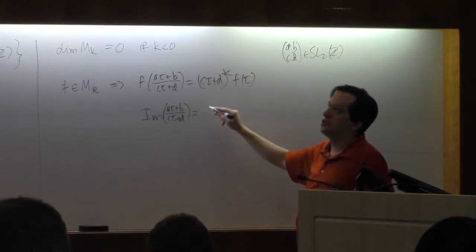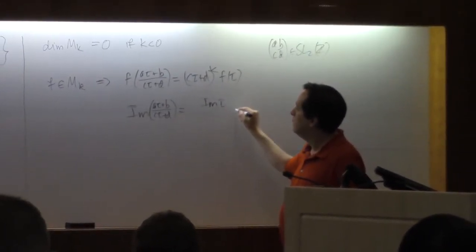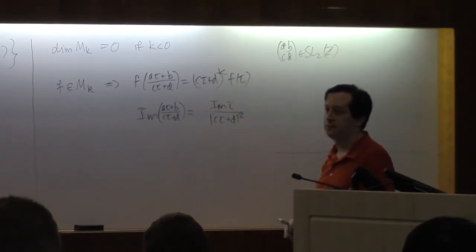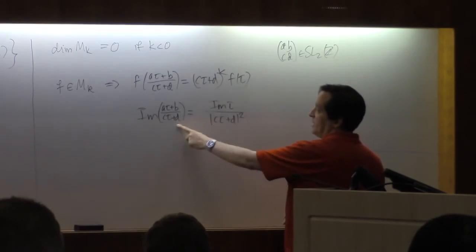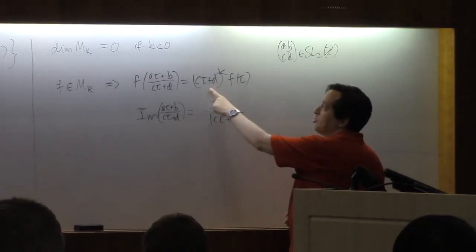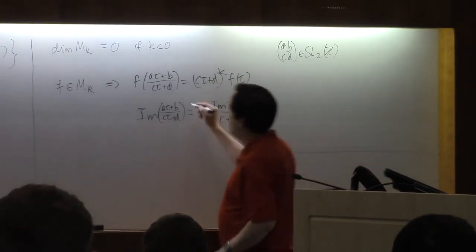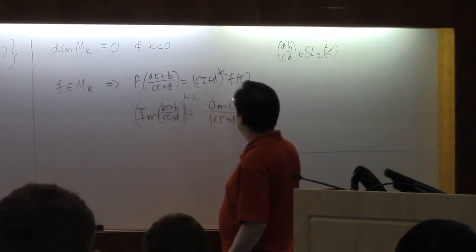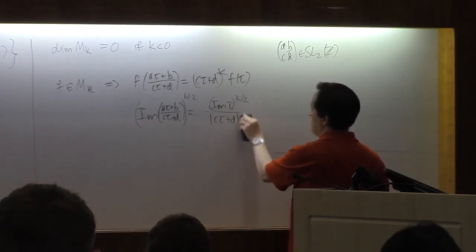The imaginary part of the image is the determinant, which is 1, times the imaginary part over the absolute value of c tau plus d, all squared. If I raise this to the power k over 2, here's a numerator, denominator, and I get the exponents to match. So let's raise this to the power k over 2, and then let's just change this to a k.